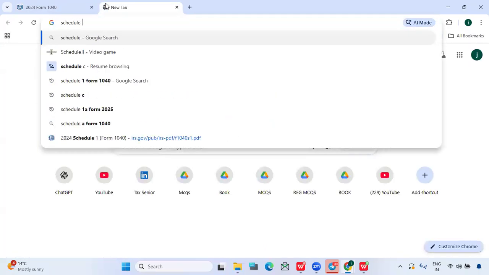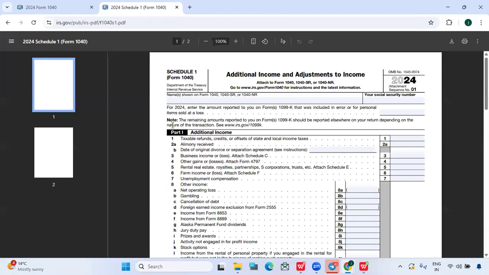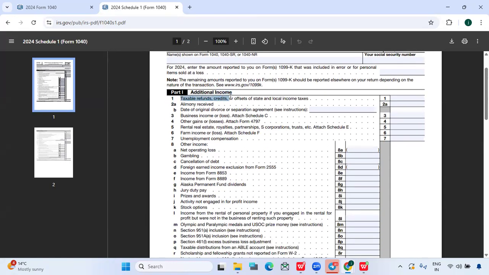So let's quickly open Schedule 1 of Form 1040. This is Schedule 1, additional income. In the additional income, we can see taxable refunds and credits or offsets of state and local income taxes, alimony received, business income. In case the person is self-employed, then we will be attaching Schedule C for that.